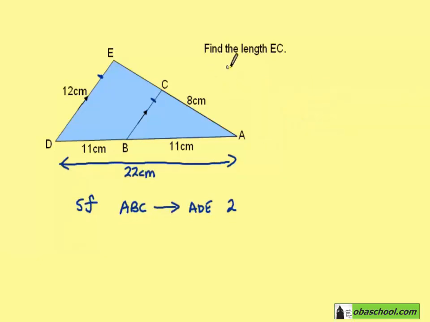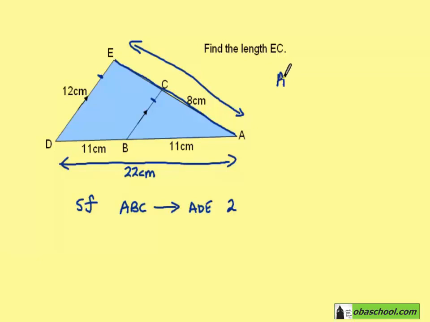We now want to find the length EC. As a first step, we can find the length EA. We know that this will correspond to the length AC. We've already discussed this.